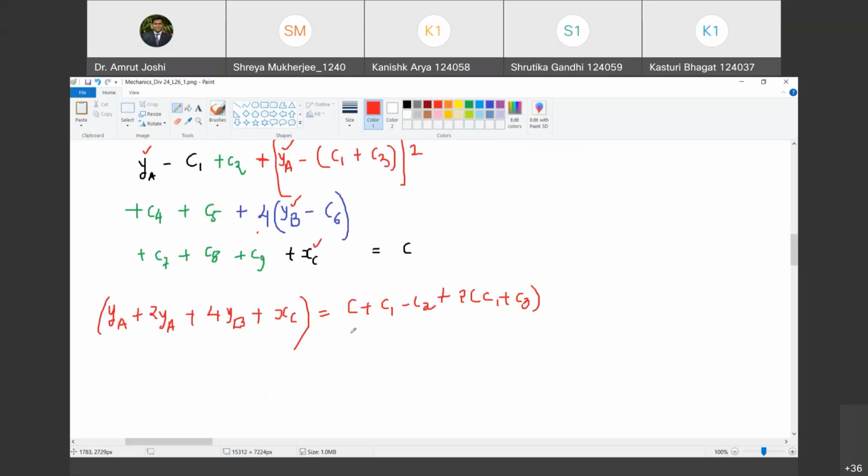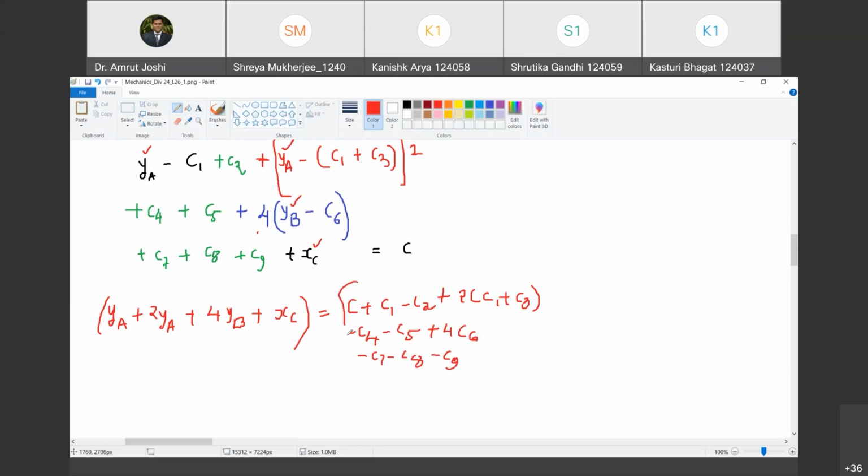What happens to this c4? Negative. What happens to this c5? Goes on the other side, becomes negative. What happens to this 4 times c6? Here it is negative. On other side, it goes and becomes positive. Agreed? Yes, sir. What happens to c7, c8 and c9? Minus c7, minus c8 and minus c9. Are you with me? Yes, sir.